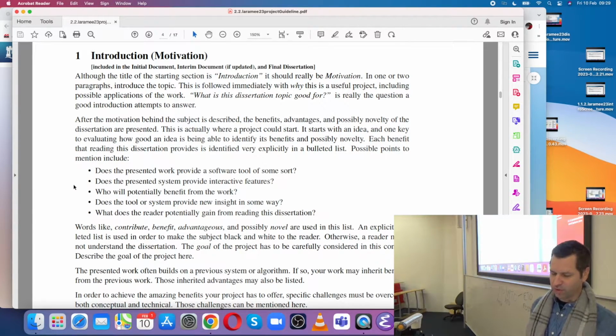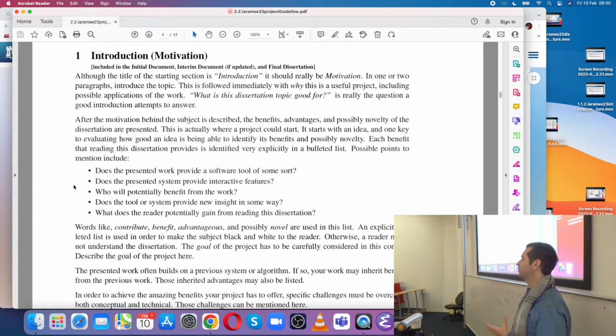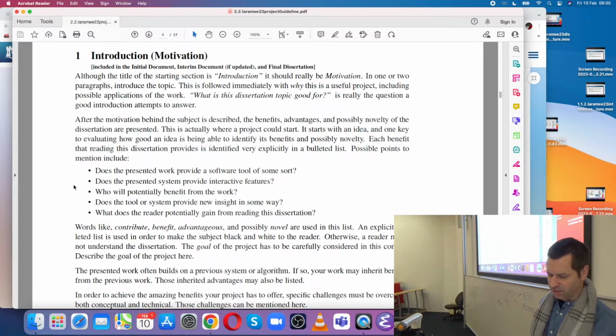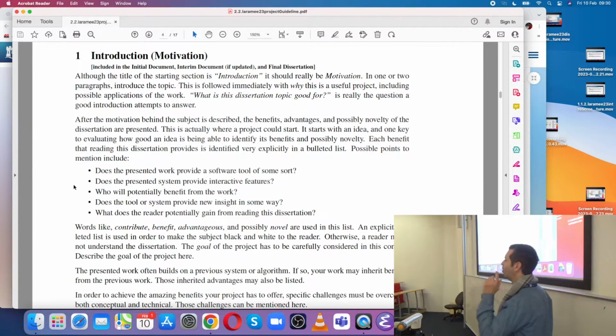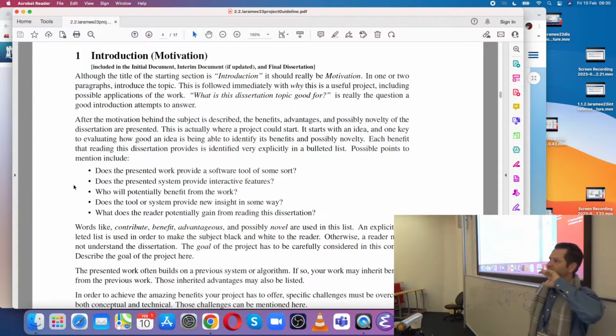Does the presented work provide a software tool of some sort? Right? It could. Does the presented system provide interactive features? Who will potentially benefit from this work? Does the tool or system provide new insight in some way? What does the reader potentially gain from reading the dissertation? These are all the kinds of questions that you want to think about for your introduction, right?